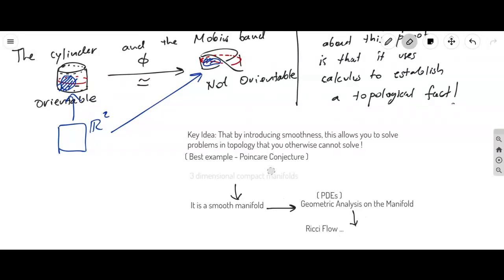That's an extreme oversimplification of the proof, but those are the ideas that went into it, and from this point on, you're just using smoothness. So you are invoking calculus to establish a result that is purely topological in nature.